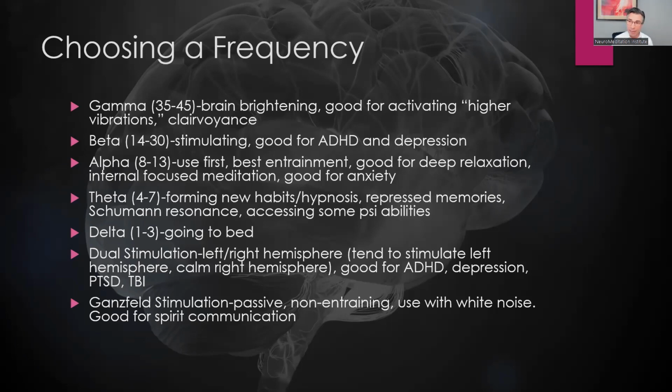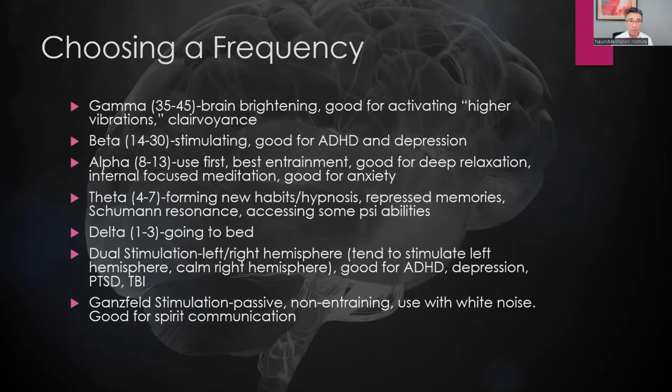I say that because alpha is our natural brain rhythm when our eyes are closed, and so it's easy to get the brain to go there because it knows what alpha is. It's an easier way to get an introduction into using the equipment. And just about everybody likes alpha. So it's a low-hanging fruit way to get started.